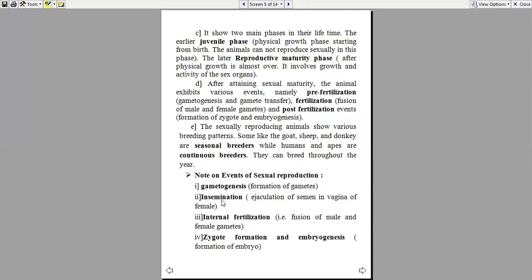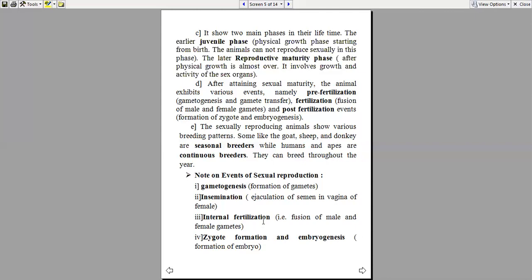Second part is insemination. Insemination is ejaculation of semen in the vagina of female. That is, it is a process in which the male reproductive fluid is inserted in the vagina, which is the female reproductive part. Third is internal fertilization.